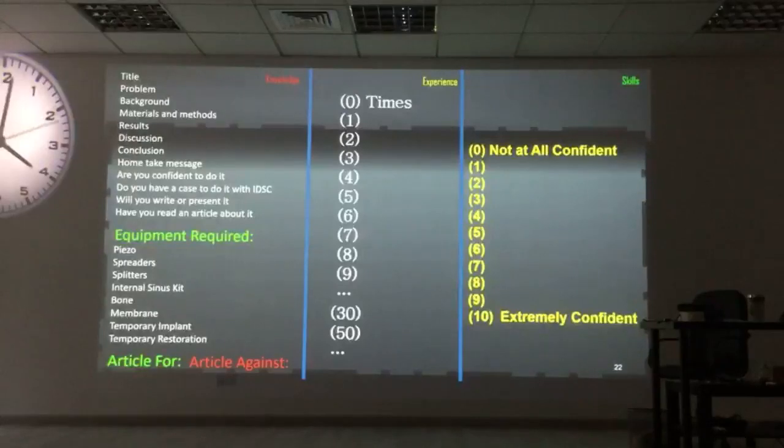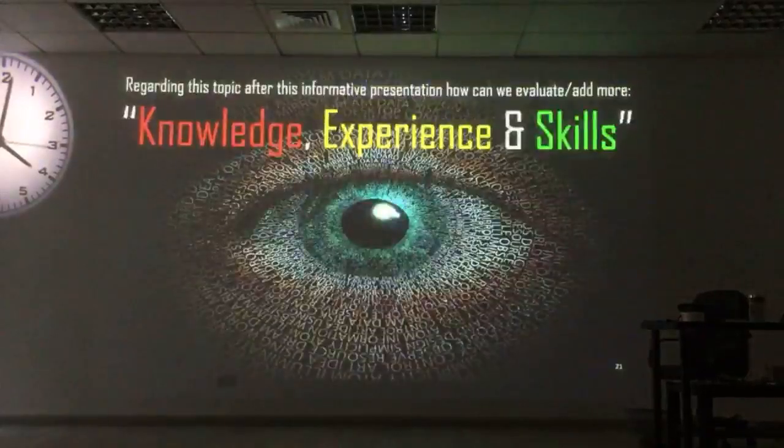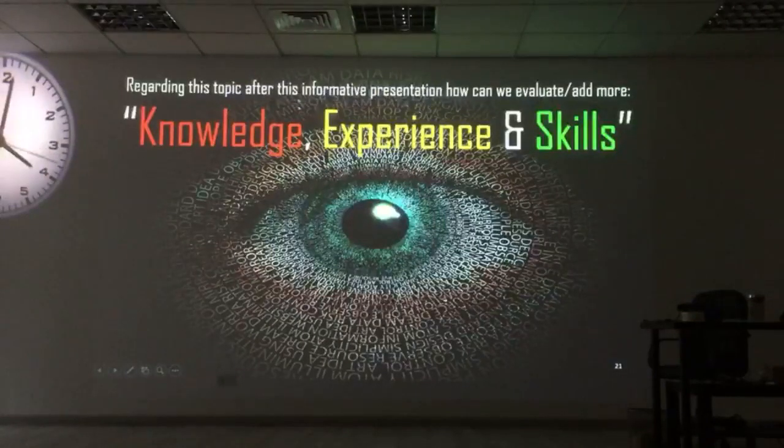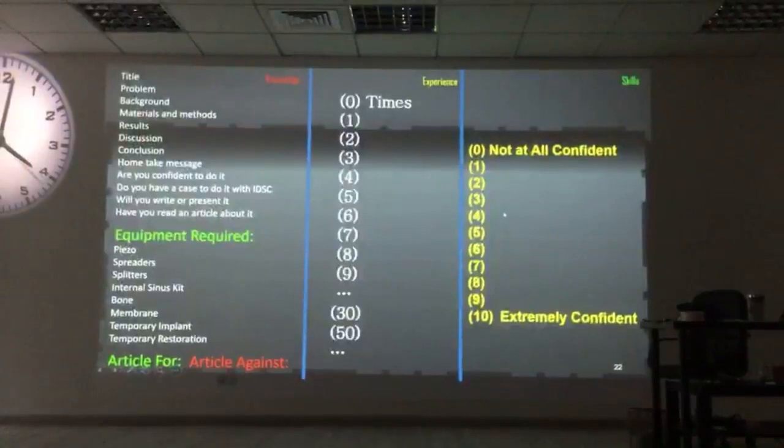Zero. Okay. Good to know, because that's how to evaluate. The point is, we want to evaluate your knowledge, we want to evaluate your experience, we want to also evaluate your skills. So for you to evaluate, we found this way. You look at your skills and say, you know what, to do this again, I have so much confidence. And then slowly you increase.